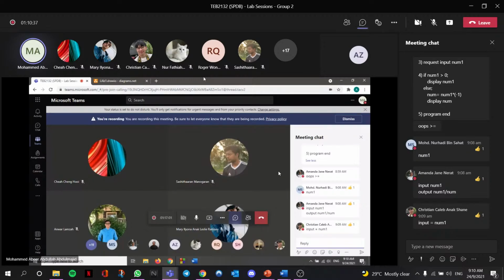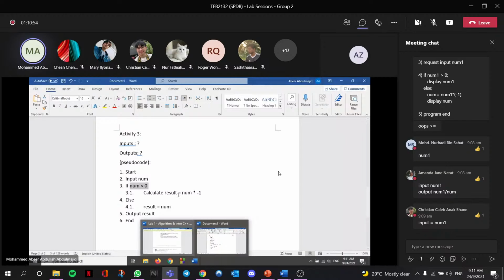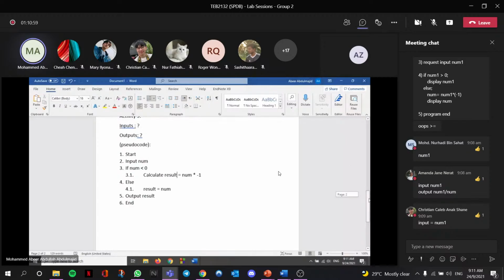So coming to the answer for the pseudocode, first of all, we need to read a number from the user. Then we have to check whether this number is positive or negative. There are many ways to do that, for example, checking for negativity: if number is less than 0, so here I'm checking if it is negative.